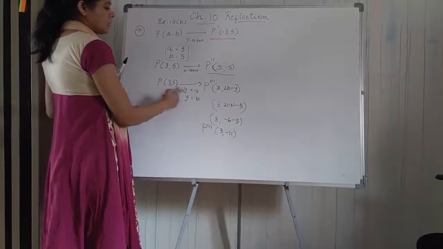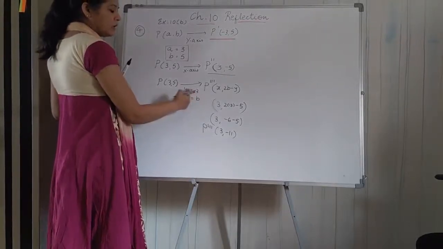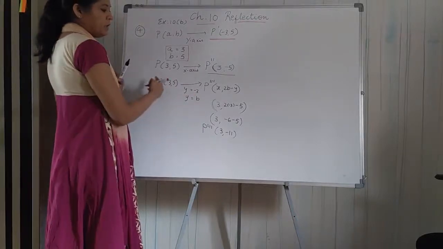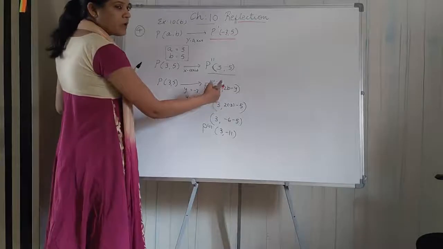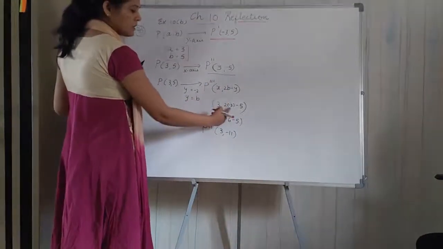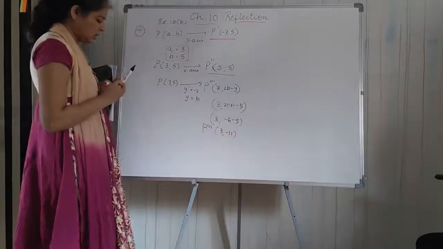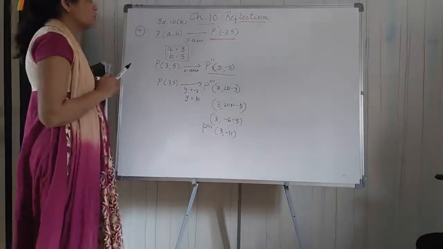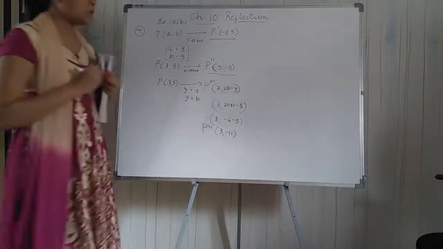And then y = b is the line in which the point P is reflected to P''', so I have used my formula (x, 2b - y), and b is -3. Substituting here we get P''' as (3, -11). This way, students, question number 4 we can solve very easily.